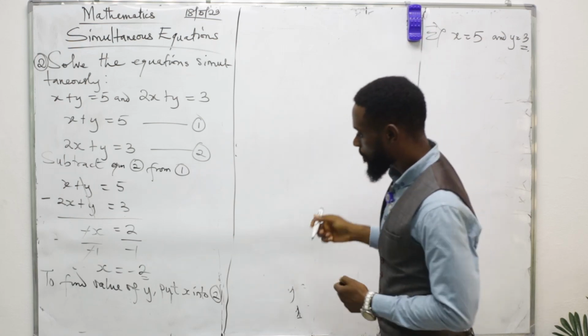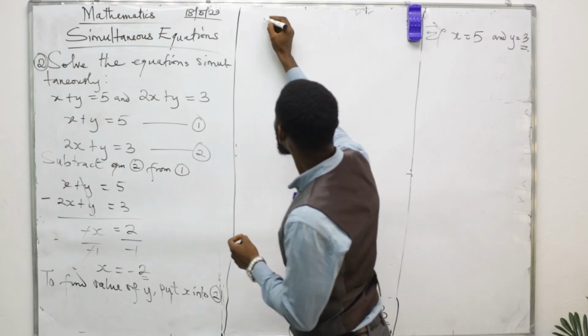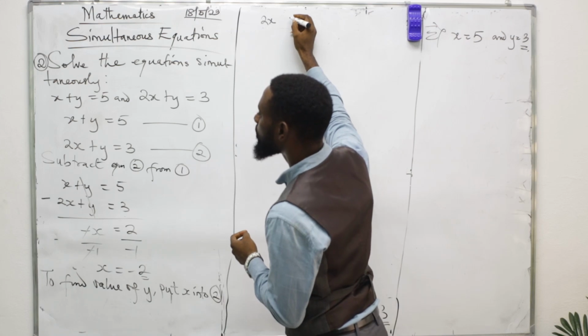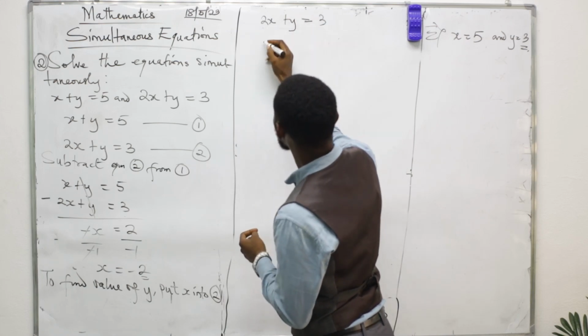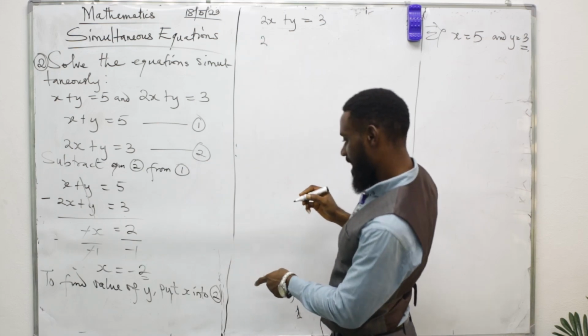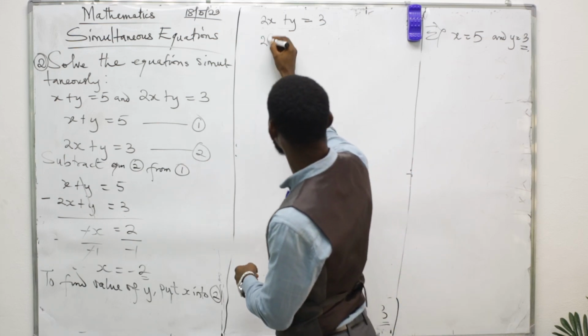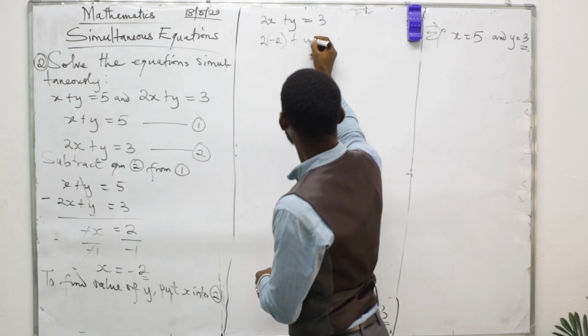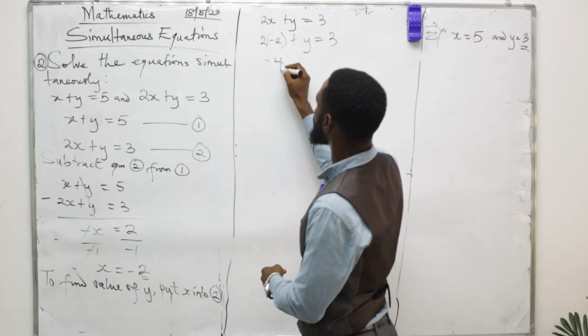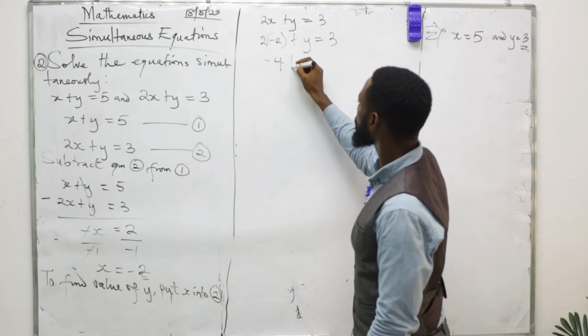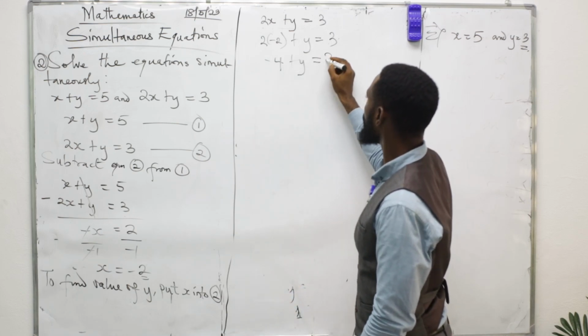So equation 2 says 2x plus y is equal to 3. So 2 times x, our x is what? Minus 2, so this is 2 times minus 2 plus y is equal to 3. 2 times minus 2 is minus 4, plus y is equal to 3.